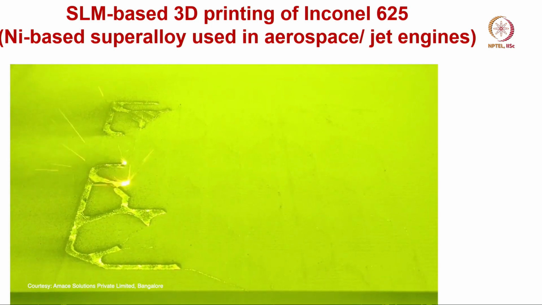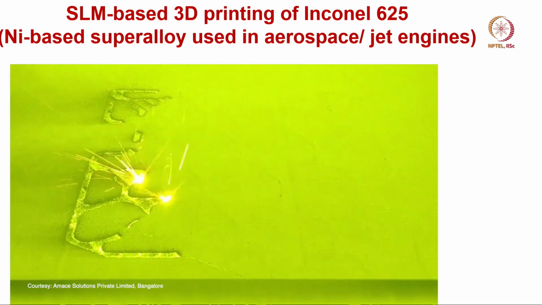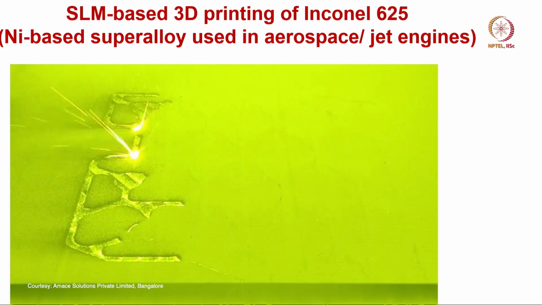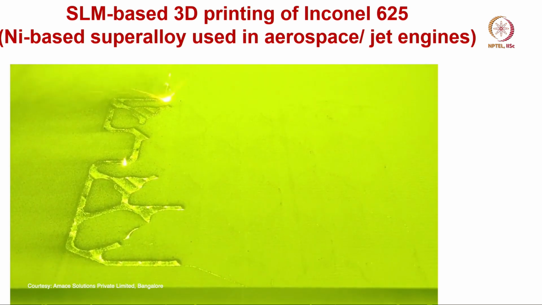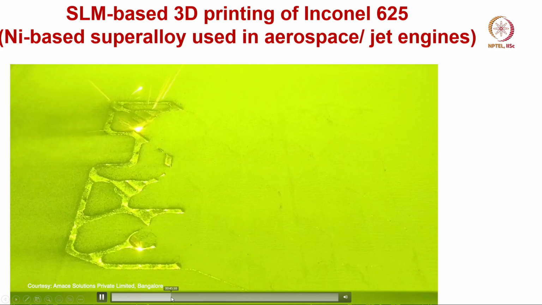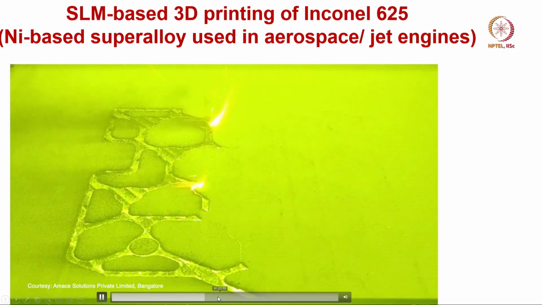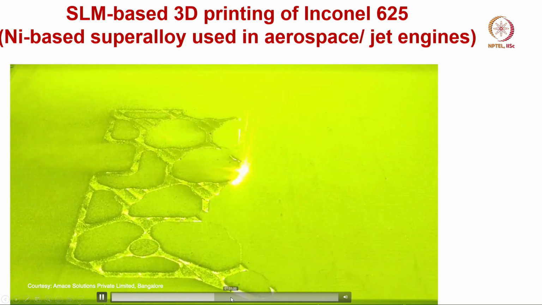You can see a very close up view of how the laser beam is being used to make these specific Inconel 625 components, right. So, slowly this entire structure is being built.